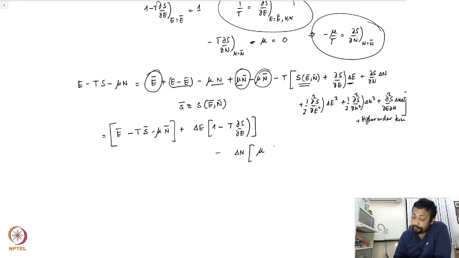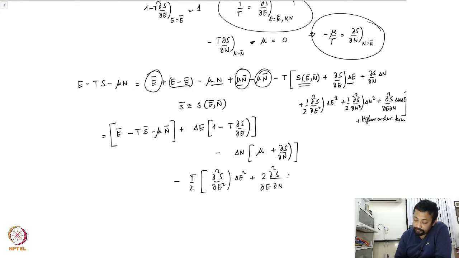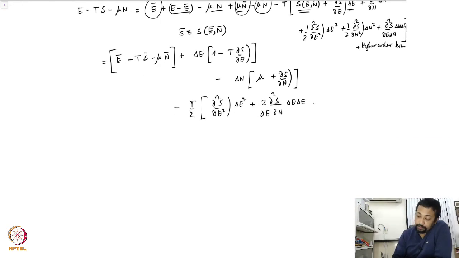This gives you mu plus del S del N, and then you have minus T by 2 del 2 S del E 2 delta E square plus 2 del 2 S, the mixed derivative, delta E delta N, plus del 2 S del N 2 delta N square. What we'll do is we'll make this plus and bring a minus sign all in front of it.